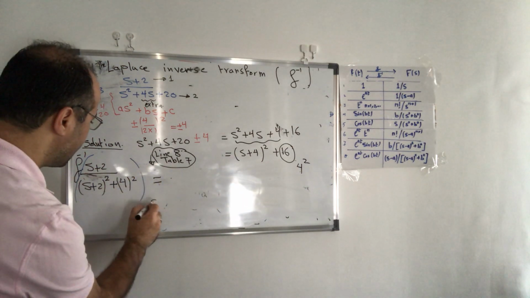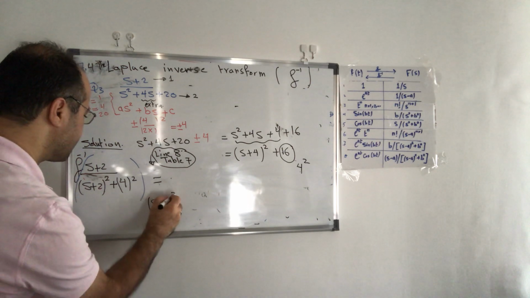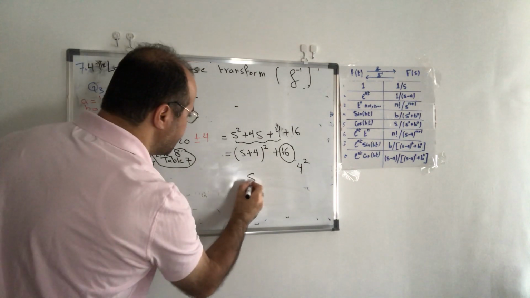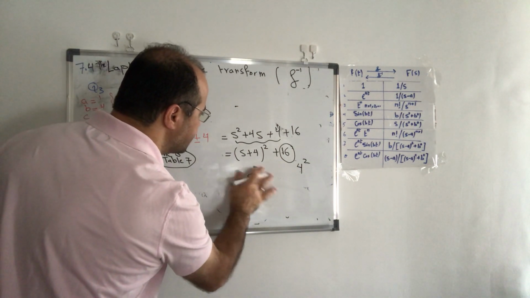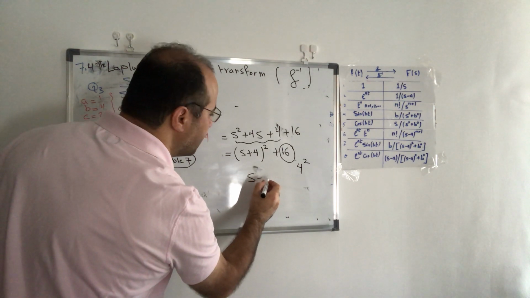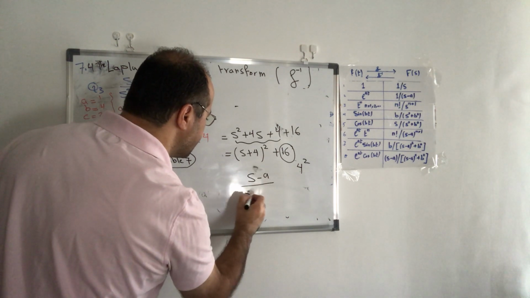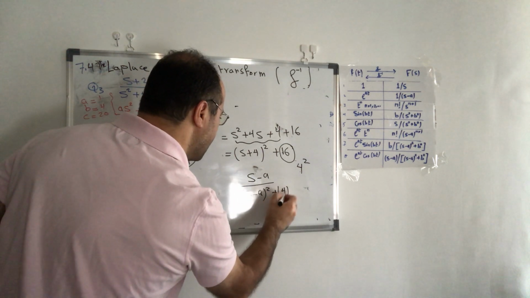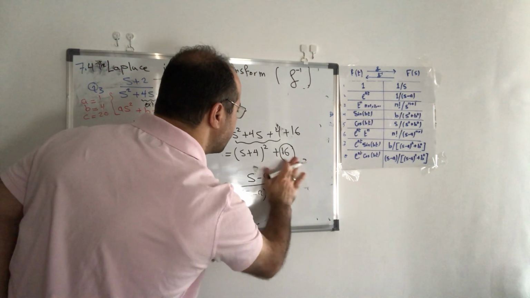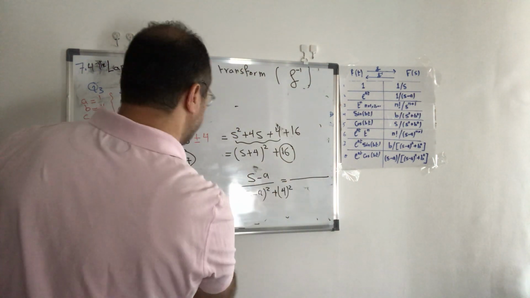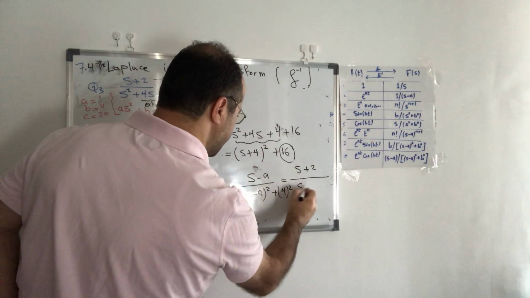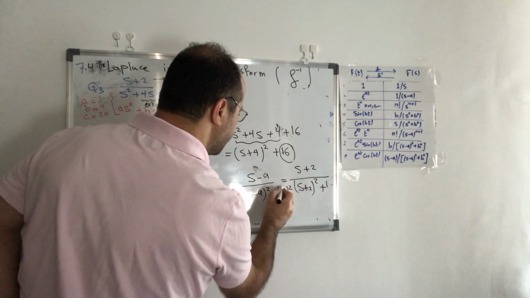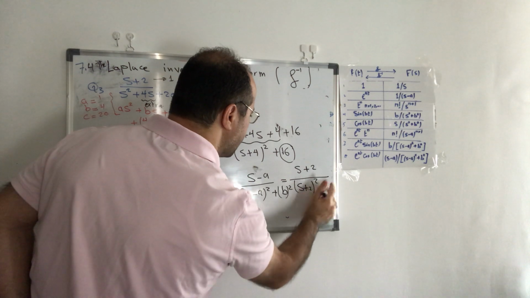So let me write it there. s minus a over s minus a squared plus b squared should equal whatever we have, s plus 2 over s plus 2 squared plus 4 squared, right?